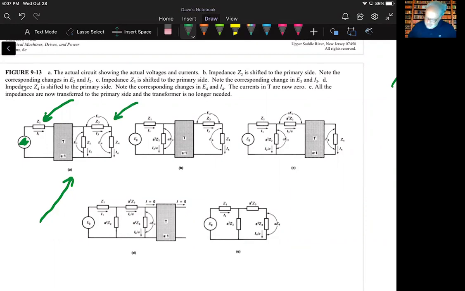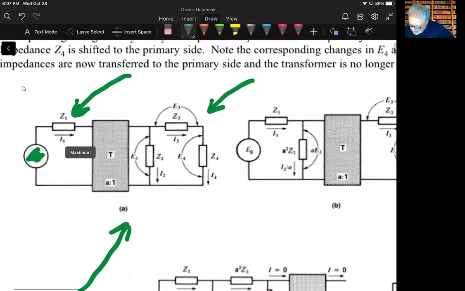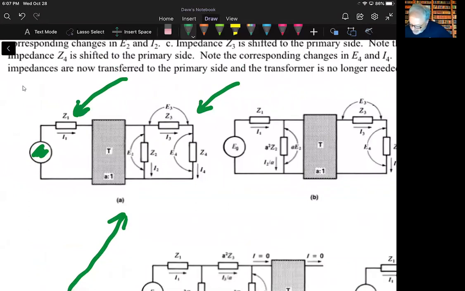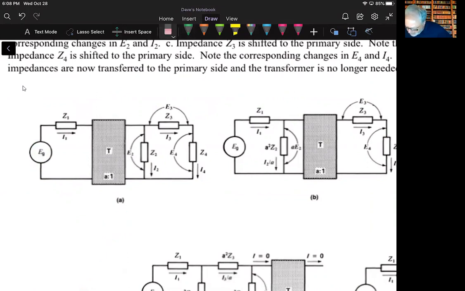It probably helps to blow that up a little so I can see some of the values across. Here are some things we recognize, of course, this E2, and also some new things that are defined in terms of what the impedances are.